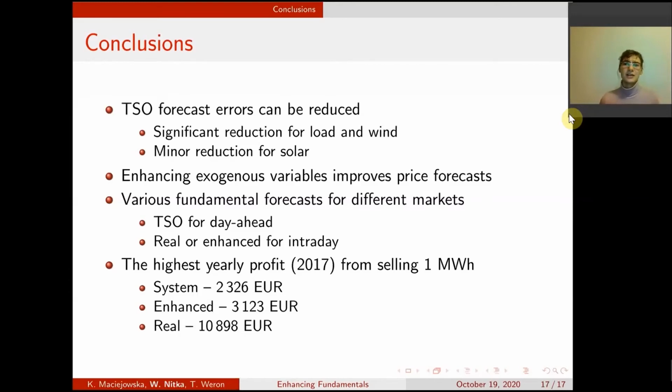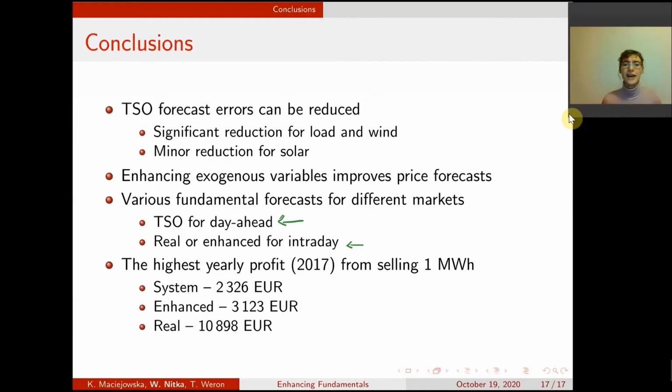However, this effect is proven mainly for the intraday market, while in the day-ahead market, we can still achieve just as good or even better results while using just the system forecast published for the generally available.